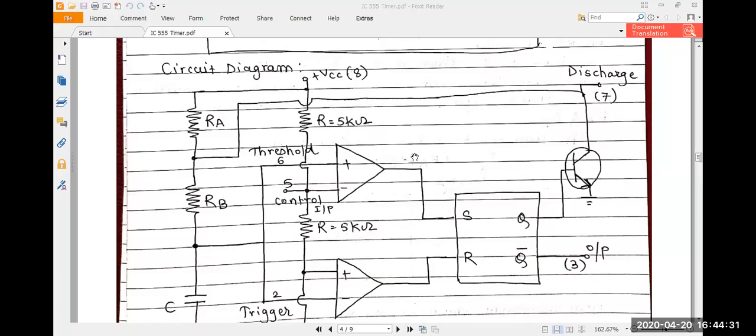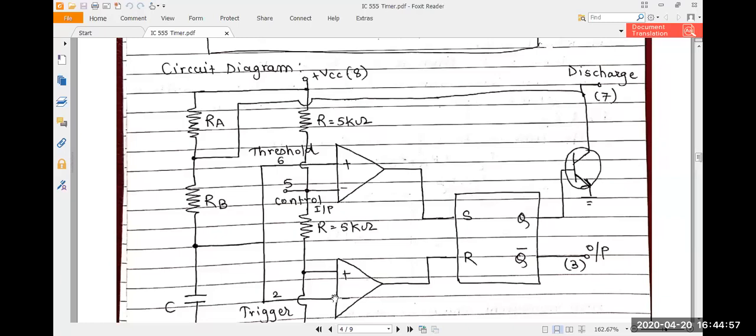And remember, whenever this particular 555 timer IC is used as an astable multivibrator, the threshold input of comparator 1 and the trigger input of comparator 2 are connected together. Whenever such a configuration is there, you can always be sure that it is used as an astable multivibrator.